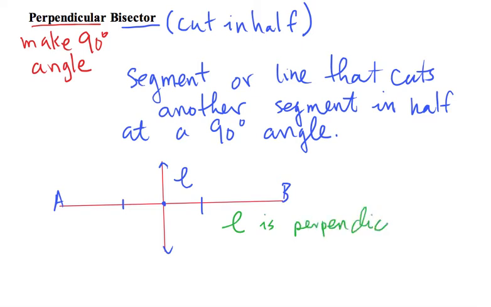So L cuts AB in half at a 90-degree angle. I forgot to add that it has to be at a 90-degree angle.